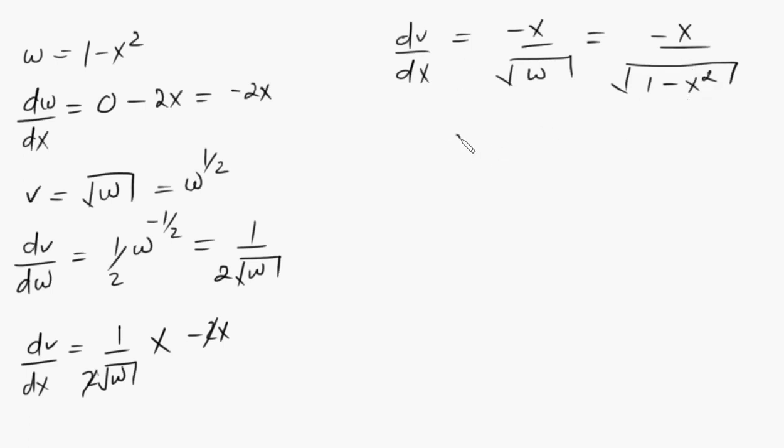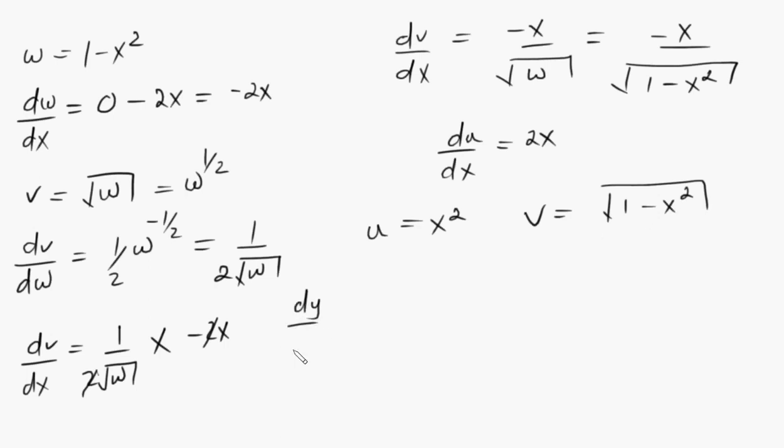I also obtained du/dx, which was 2x. And u, which I let be x squared, and v, which I said was the square root of 1 minus x squared. This means I can now use my product rule.